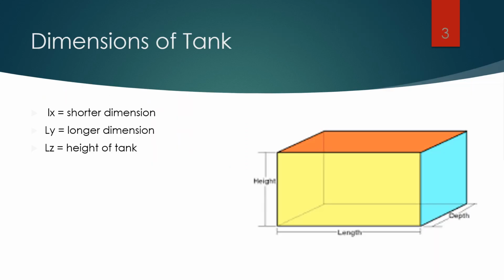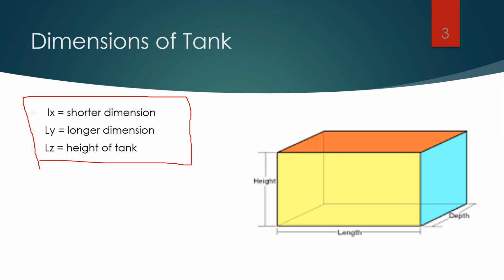Mainly, if you start the design of the tank, you should divide the tank into different dimensions: the shorter dimension of the wall as Lx, the longer dimension of the tank as Ly, and depth of the tank as Lz. So here in this lecture also, mainly we are emphasizing on these three dimensions, and based on that we will decide the type of wall.